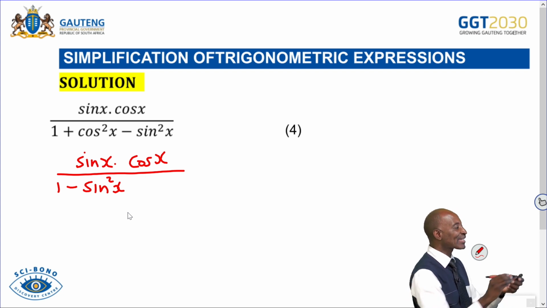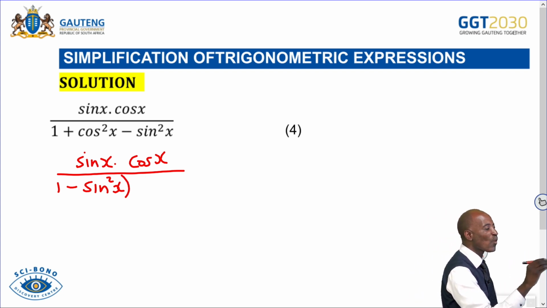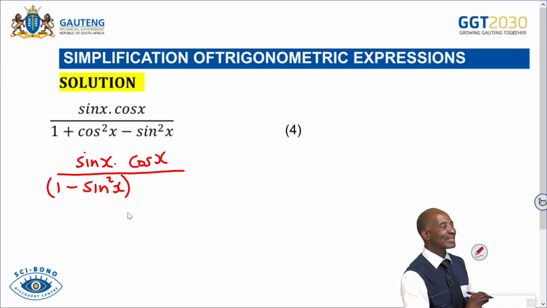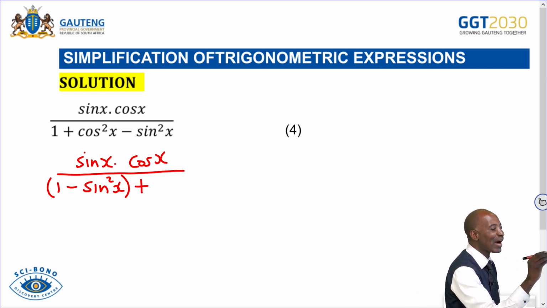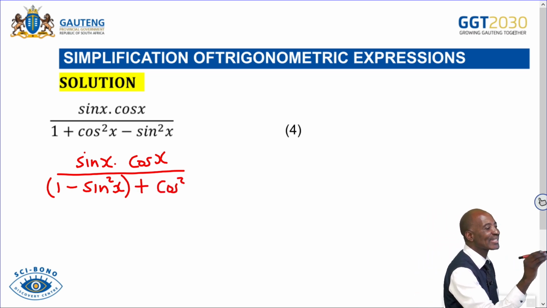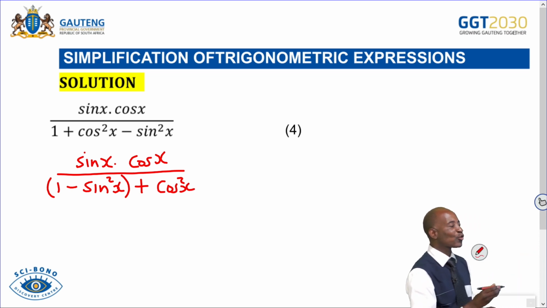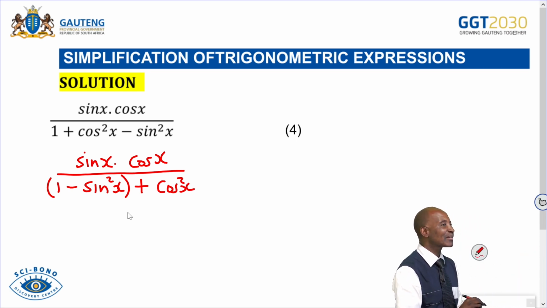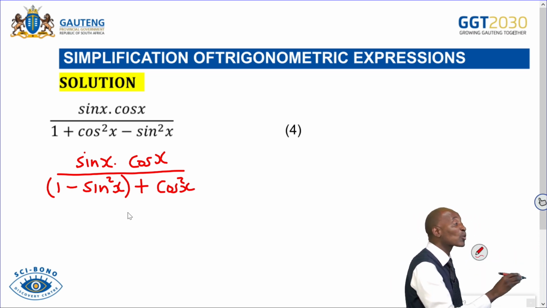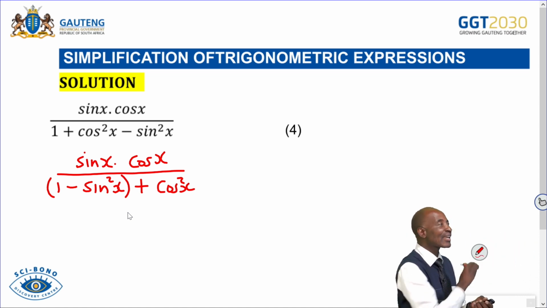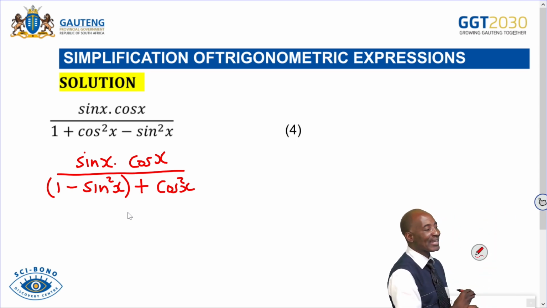I'm going to collect these two and make them 1 like that. And then add my cos squared x. I've swapped the positions now. Remember, you are not lifting across, you are just moving positions. This is not an equation. So if it was minus sine squared, it will still be minus sine squared.